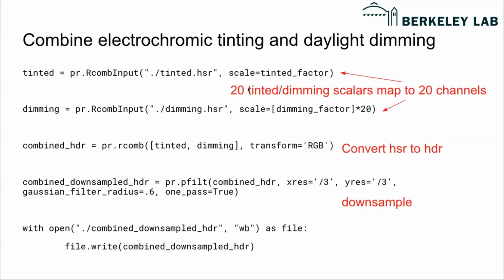There will be 20 scalars mapping to the 20 channels that we're interested in, and the same thing for the dimming part. For the dimming HSR, I also apply 20 scalars to dim it spectrally. To combine them, you just put the two RCOM inputs, and then you add the transform equal to RGB to convert the HSR to HDR. And then once you have the HDR, you downsample it with P-field, and then you save it to a file.